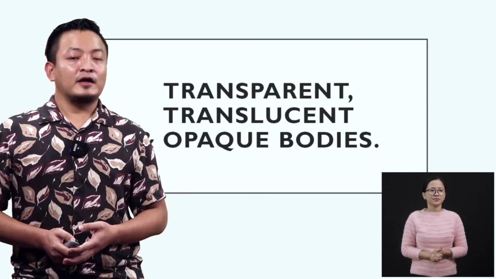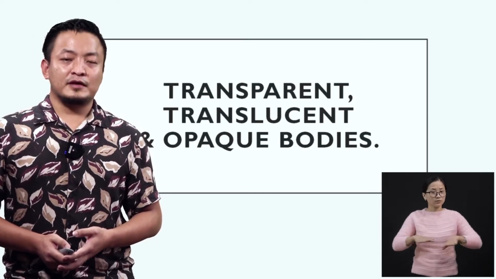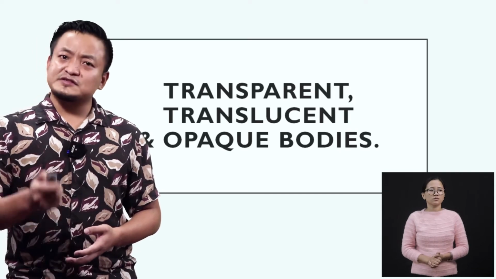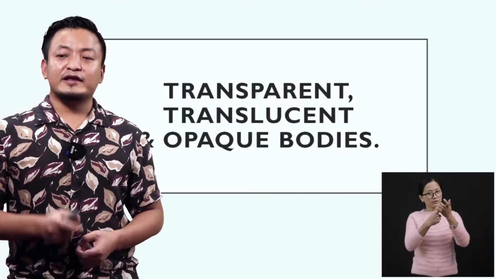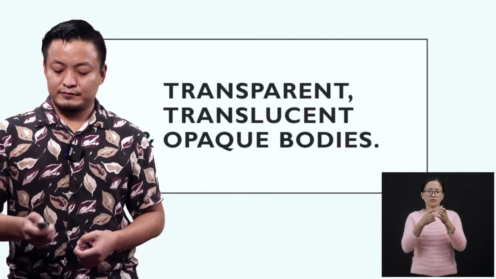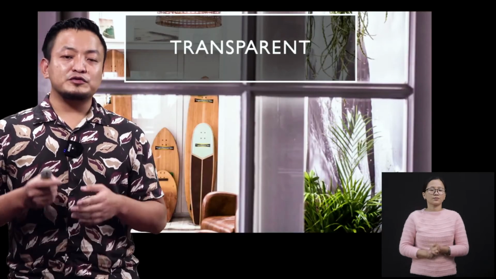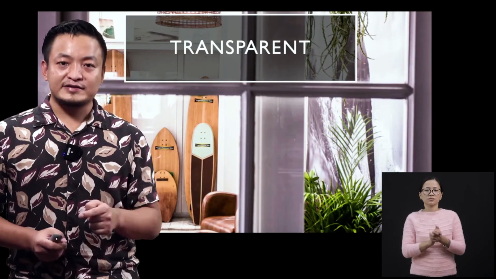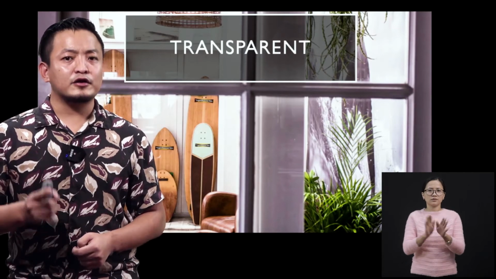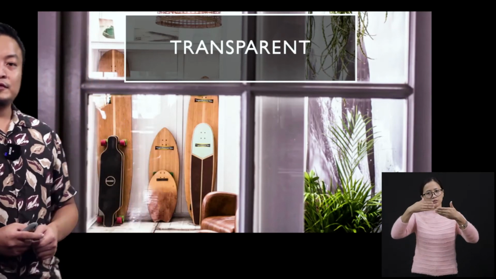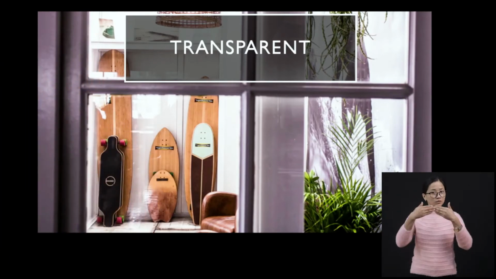Okay? Now, dear students, let us start with transparent, okay? Let us learn one by one. So when we say transparent, the best example is a clear window glass. You can have a look. It is a clear window glass, right?